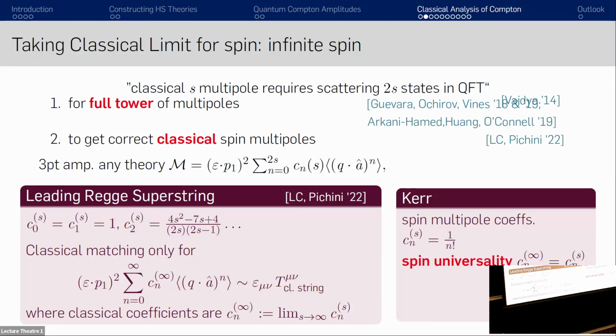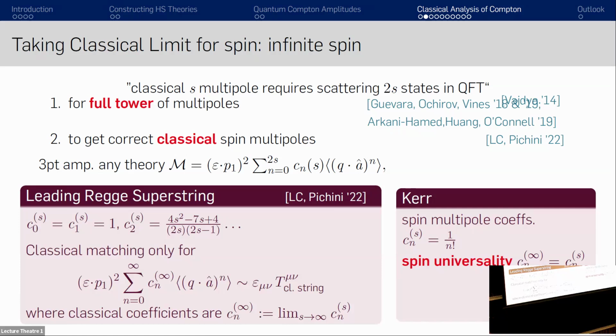In principle, you'd think generically there should be a difference between scattering spin 2 or spin 1. At no point have I done anything classical here. I've just rewritten things in new variables. Now, if you do this on the 3-point amplitudes of Kerr, you find by chance that they are universal, that they don't have that spin dependence.